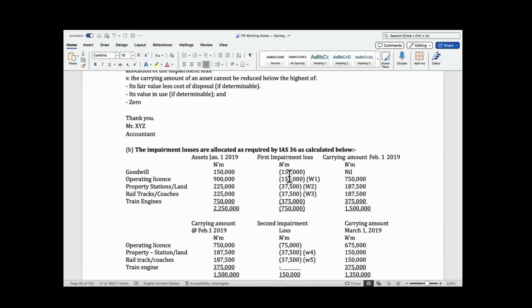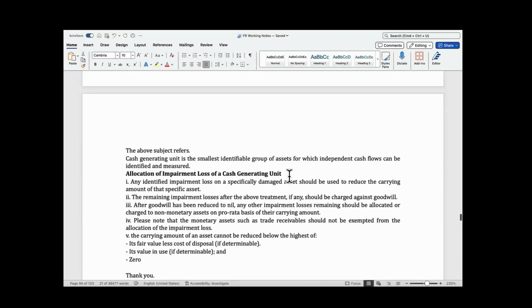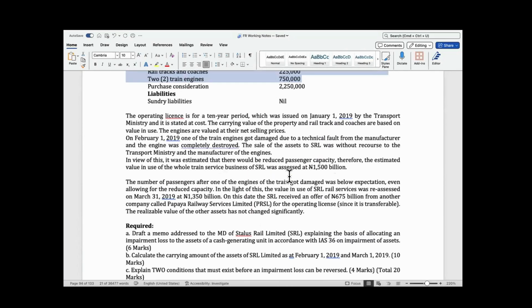The question is segmented into February and March, so this paragraph deals with February, while the subsequent paragraphs deal with March. They want me to calculate the impairment loss first in February, considering that the value in use is now this amount. So I'm writing it down from 2.2 to 1.5.